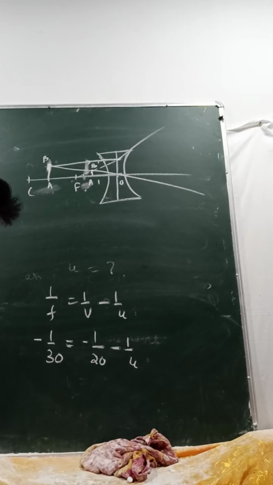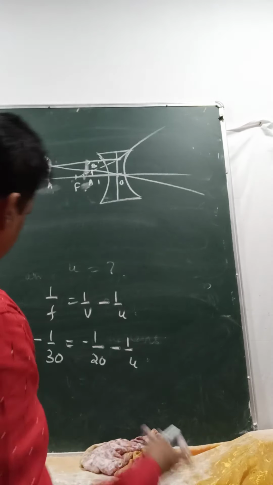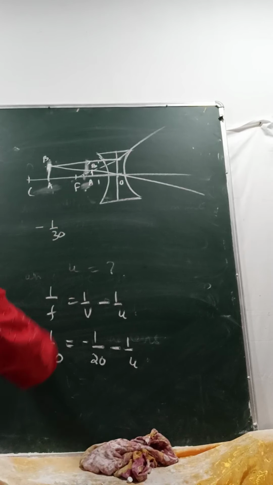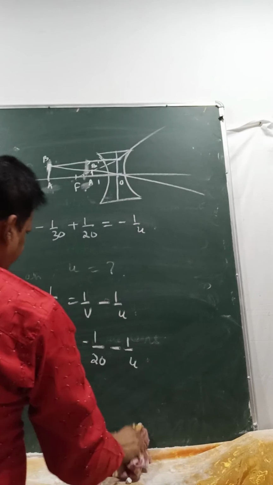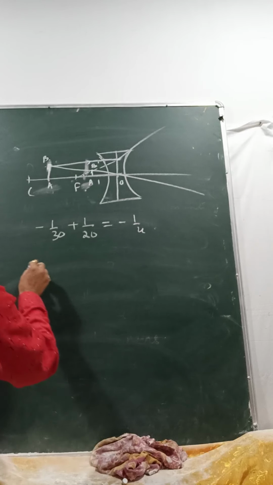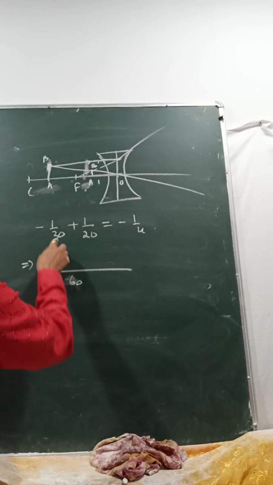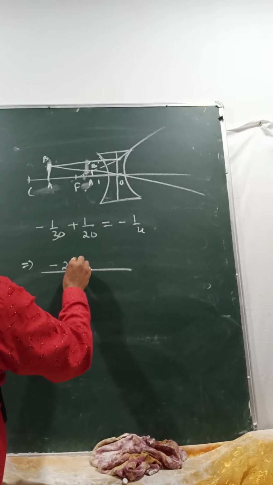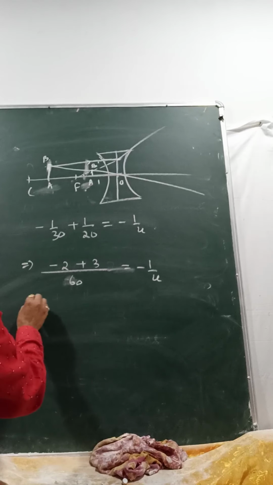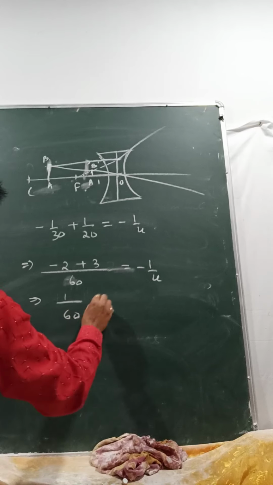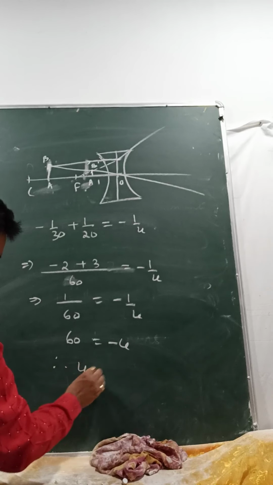so what do you get? Minus 1 by 30 plus 1 by 20 equals minus 1 by U. This implies, 30, 20 LCM is 60, so minus 2 plus 3 equals minus 1 by U. Implies 1 by 60 equals minus 1 by U. 60 equals minus U. Therefore, U equals minus 60.